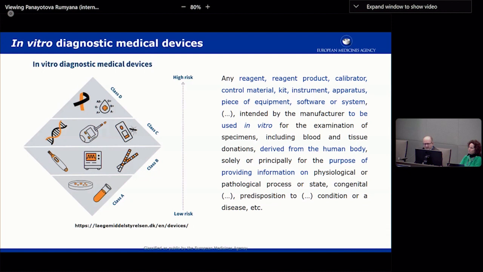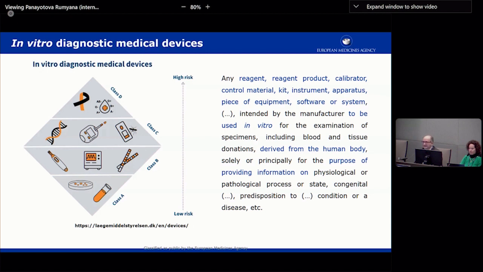It covers everything from reagents to calibrators to instruments that are intended by the manufacturer to be used for in vitro examination. So in vivo tests are excluded from that definition, and also the samples need to come from the human body. So other sources of tissue or blood are excluded.